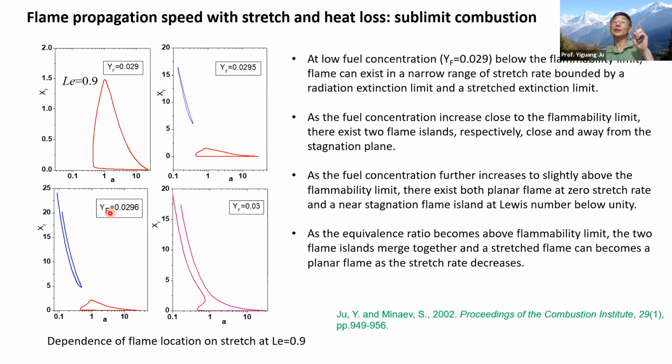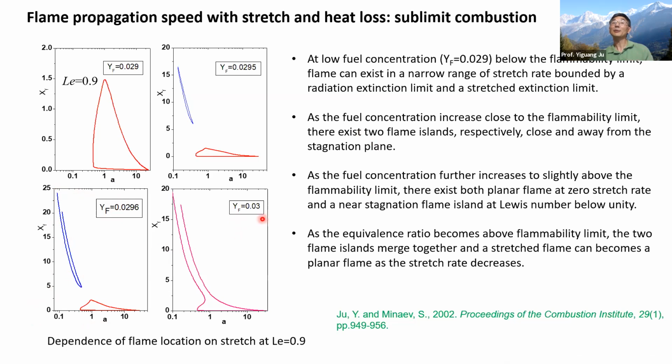As you increase the fuel concentration slightly, you can see that there is still a flammable region at the higher strain rate, but there is also a flammable region connecting to the zero strain rate. So even as the strain rate is equal to zero, the flame still exists. This defines the flammable limit of a planar flame.